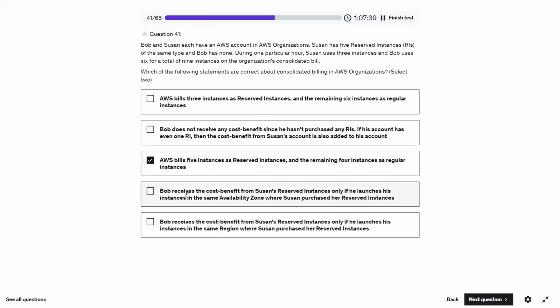Yes, correct. Bob receives the cost benefit from Susan's reserved instances, correct, only if he launches his instance in the same availability zone. Yes. If Susan has purchased in some availability zone and Bob also wants to spin up his instance in the same availability zone, then only can they share. So it is not the same region, but the same availability zone.